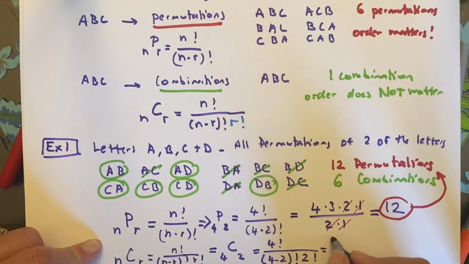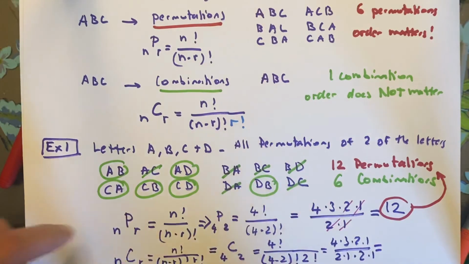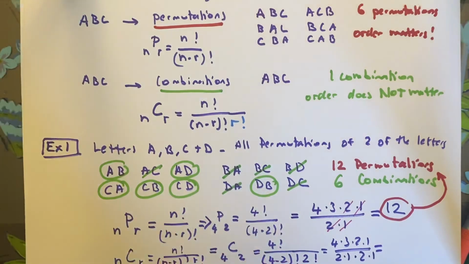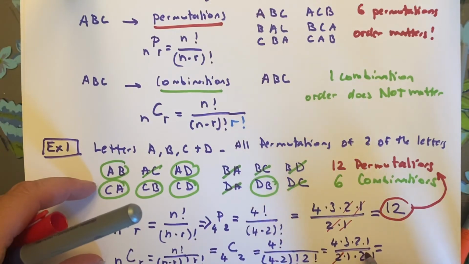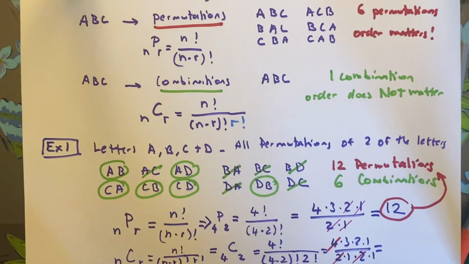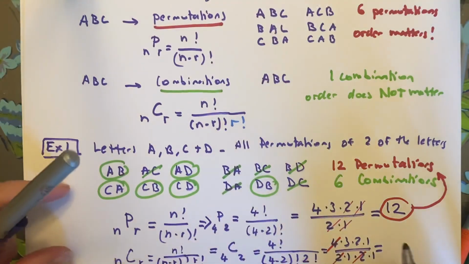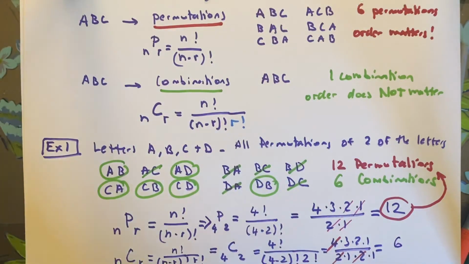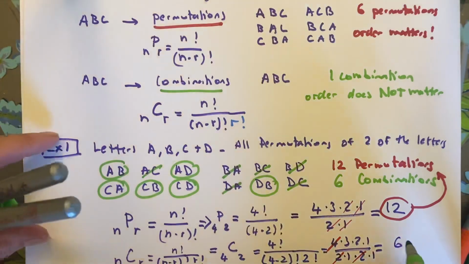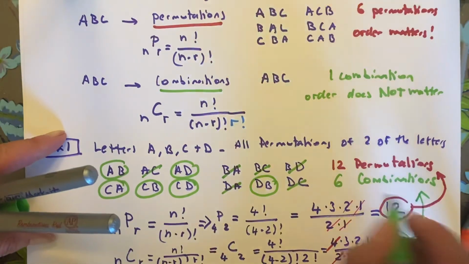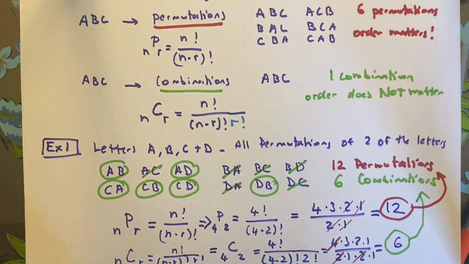So what's that going to give me? 4 times 3 times 2 times 1 divided by 2 times 1 times 2 times 1. Well, I know that 2 times 2 is 4, so I can cancel that. So I get left with 3 times 2 is 6. And 6 is the number of combinations that I found when I did it by hand. So that is how you will find combinations.